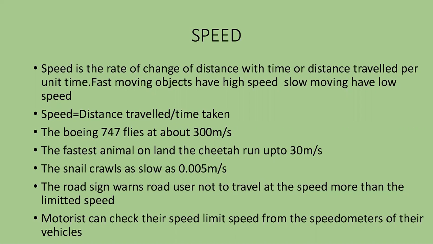Now, there are some examples in your book on page number 40 in the science tidbit. I have collected these for you. The Boeing 747 flies at about 300 meters per second. 300 meters is the distance per second, meaning every second it travels up to 300 meters, or in 1 second it can travel 300 meters.